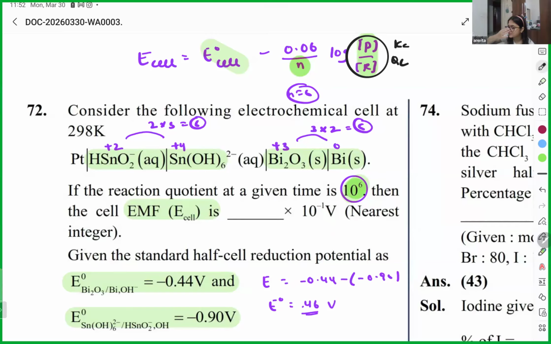So what is your answer, guys? 0.37 into 10 to the power 6. Sir, one second.